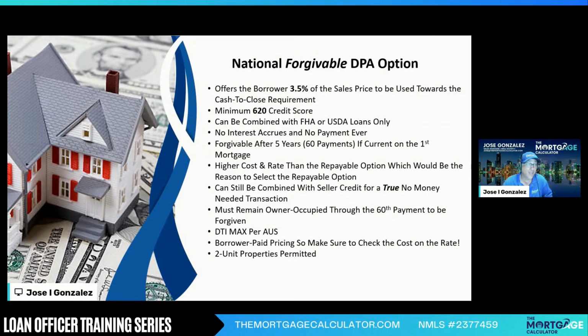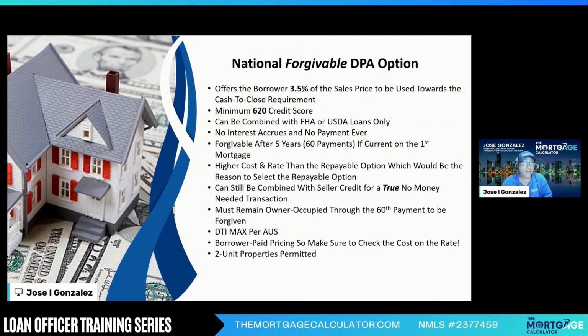And I've usually found that the combined payment, even with that extra second mortgage, is going to be $50, $60, sometimes $100 lower per month for the repayable option than the forgivable option. So what may end up happening is you may not qualify for the forgivable option because of the higher payment due to the higher rate, and then you may have to go with the repayable option. Still a good deal, but you got to make a payment, which we'll get into in the next slide.